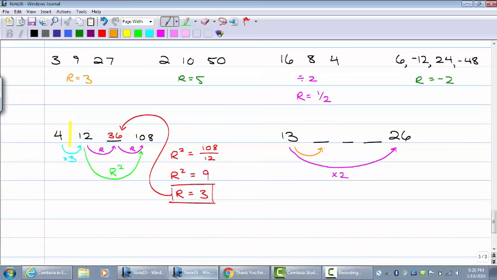I go from the first to the second, from the second to the third, from the third to the fourth, and then finally I get to the 5th term. My first term going to my fifth term gave me four iterations of the same common ratio. R to the fourth equals 2.